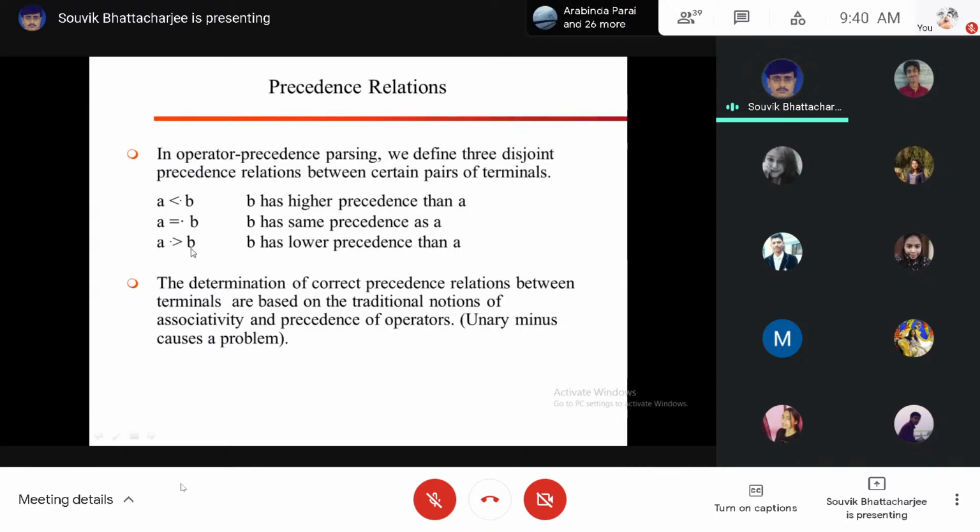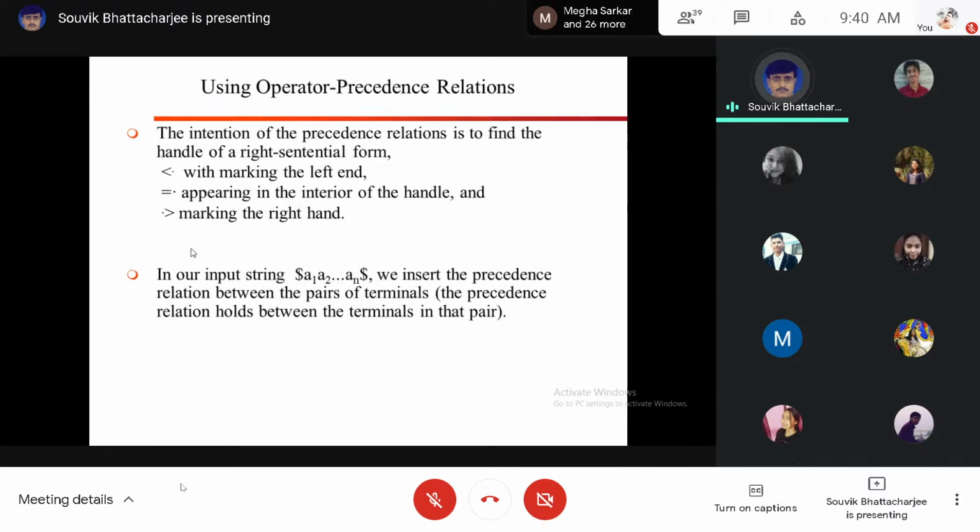Now, the determination of the correct precedence relation between terminals is based on the traditional notions of associativity and precedence of operators. Mostly we know these, and unary minus causes some problem here, that means minus B. Whether unary minus has higher precedence than the other operators, let us see.